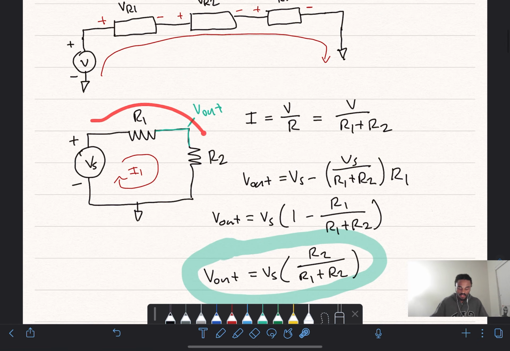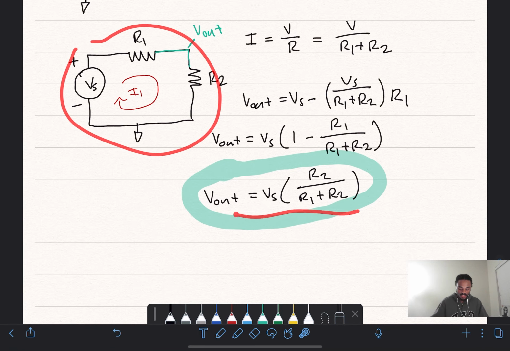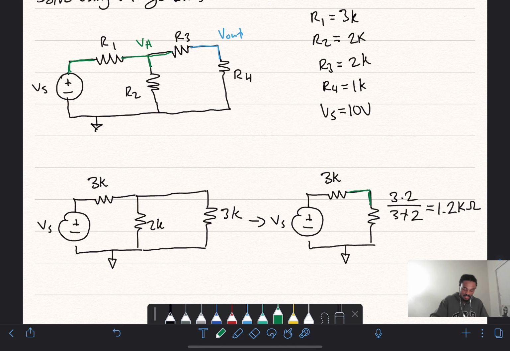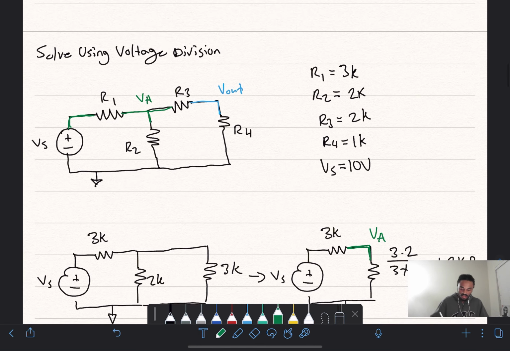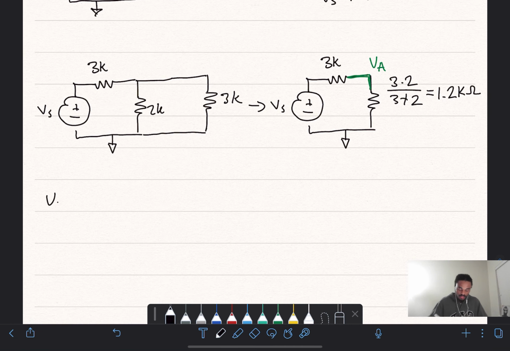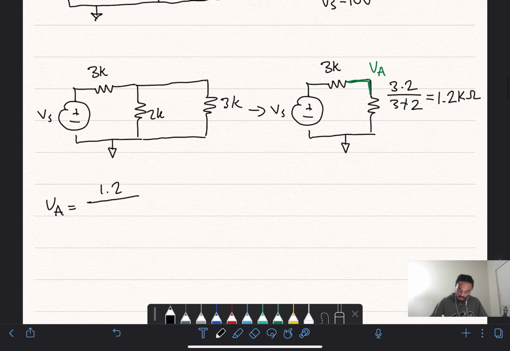So now this circuit leaves us with something like we had up top. Now we can do our voltage division using our equation here. This node voltage is still VA from our original circuit up here. So VA is equal to R2, in this situation our 1.2 kilo ohm combination, 1.2 over 3 plus 1.2, all multiplied by our source voltage Vs, which is 10 volts.